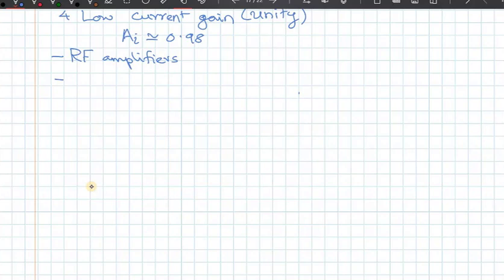The parasitic capacitance between base and collector causes a leakage current between the base and the collector, and the effect of this is a reduction of the bandwidth. So to avoid this, we use this kind of arrangement, and therefore these are used for high frequency applications.